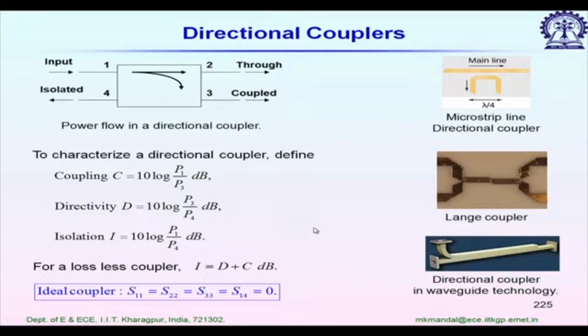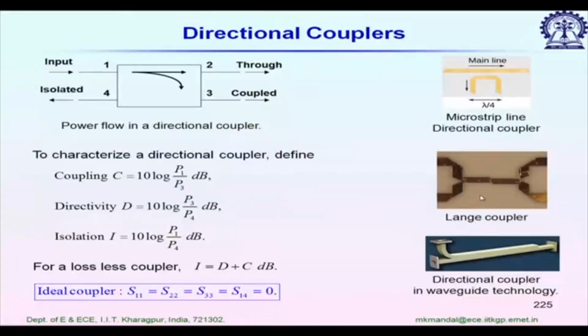Now, for an ideal coupler, all these ports should be properly matched, or the input reflections should be 0. So, S11, S22, S33, S44 all should be 0. Not only that, for ideal isolation, S41 also should be 0.